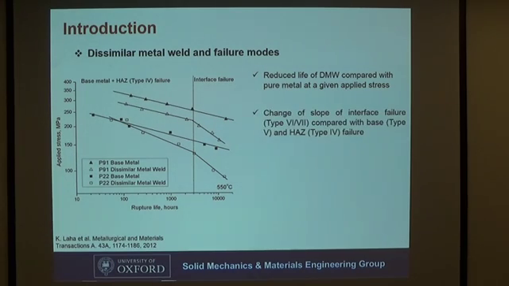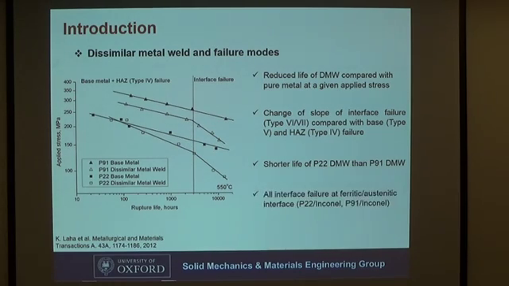Second, the interface failure mode, compared with other modes, has a change of slope here. And third, P22 dissimilar metal welds have a shorter life than P91 dissimilar metal welds. And finally, although it's not shown in this figure, all the failures have predominantly occurred at the ferritic-austenitic interface.